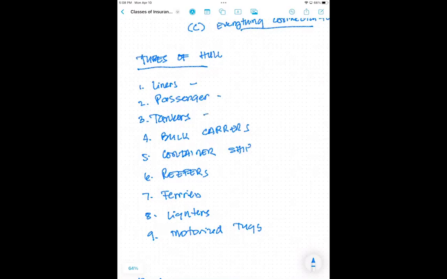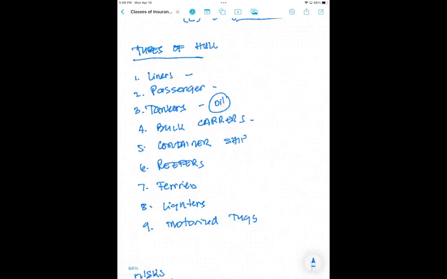Tankers, these are ships that are designed to carry dry or liquid cargo, specifically oil. I think we all heard these oil tankers. Bulk carriers, these are ships designed to carry cargo in bulk.